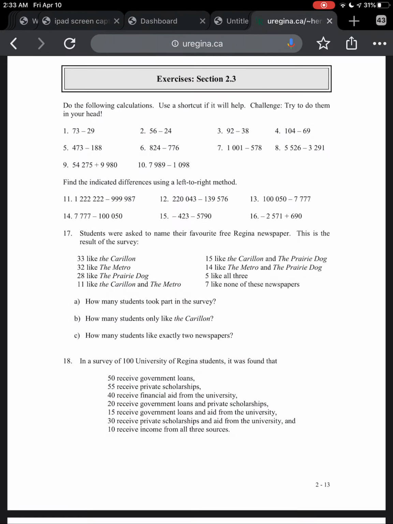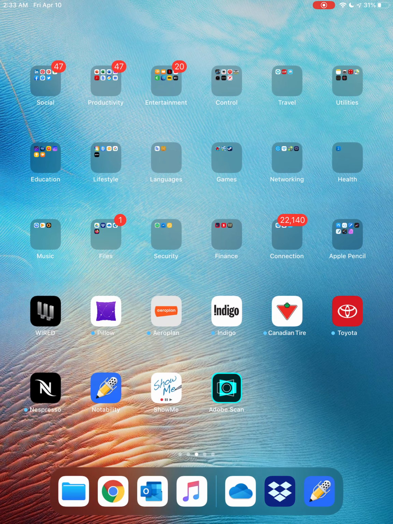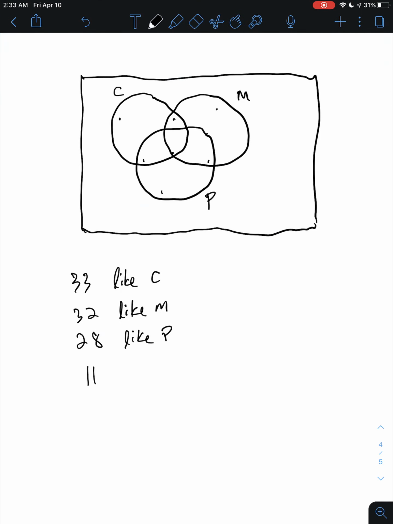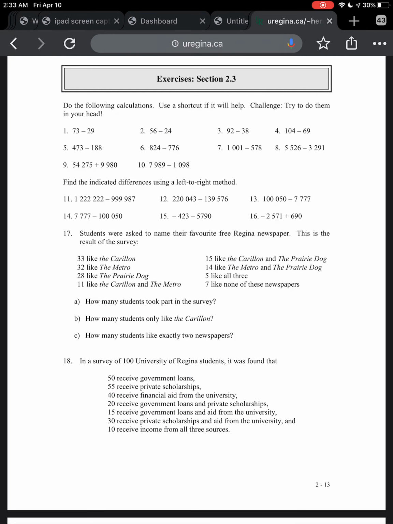Let's go back to the data here. 11 like C and M, 15 C and P, 14 M and P. 5 like all 3 and 7 like none.